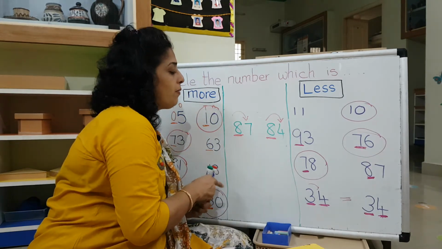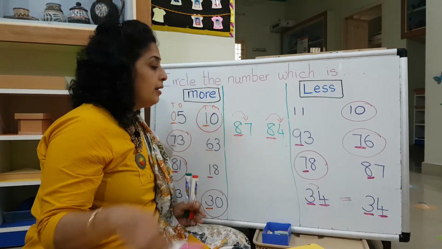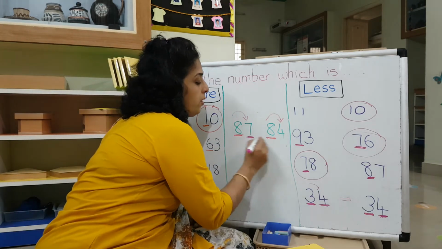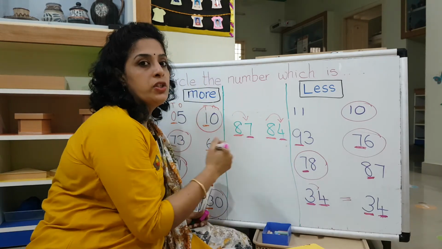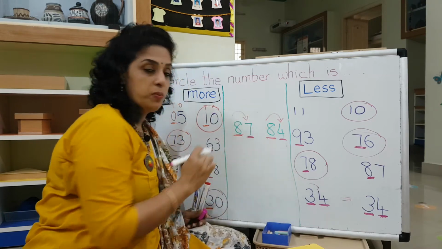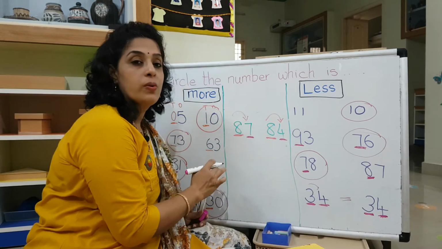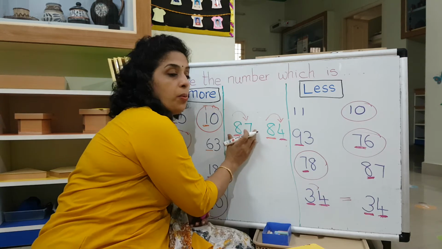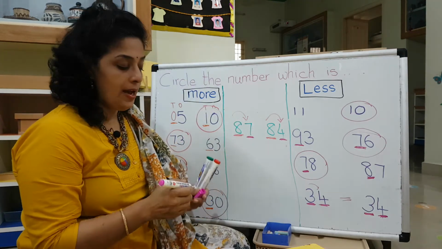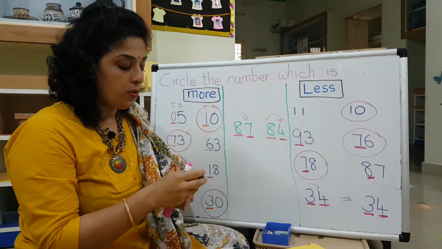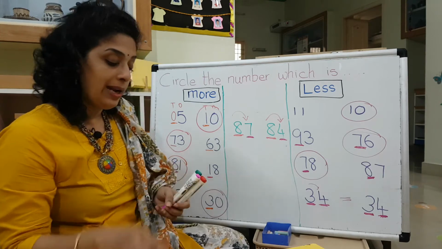Okay? What is in the ones place? You have here 7. Here you have 4. Now which is more? 7 is more or 4 is more? 7 is more. So you say 87 is more. Seriya?